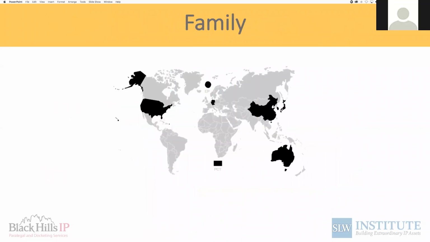The size of a family for a particular patent can be an indicator of its value, meaning at some point in that patent's life, a decision was made to spend a bunch of money to get that patent protected in multiple different jurisdictions. That spend right there is an indicator that there was some value in this patent at one time.